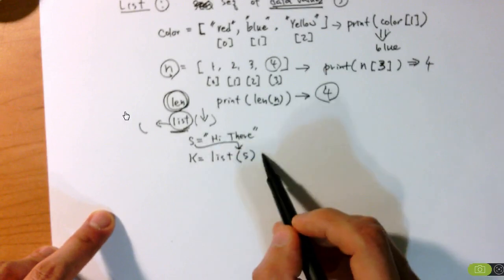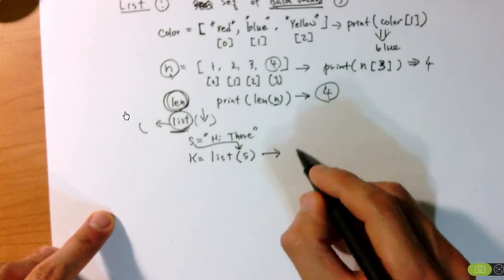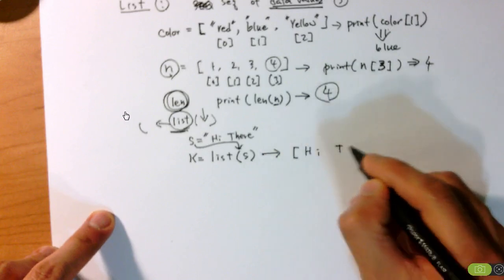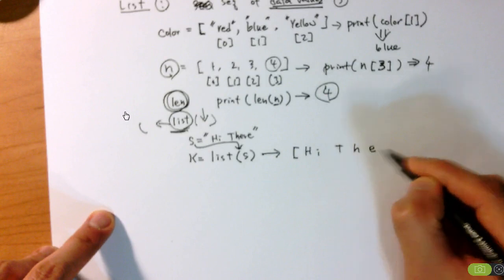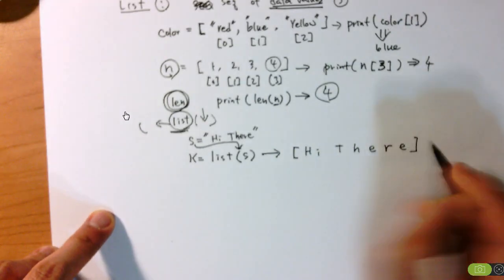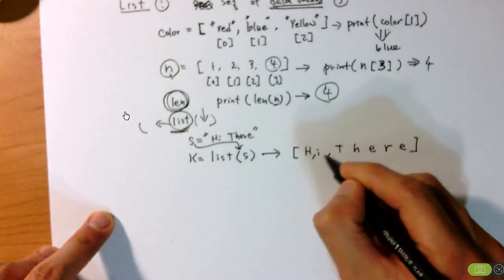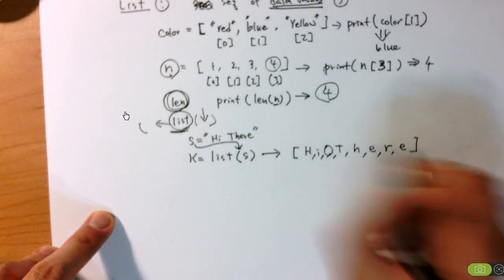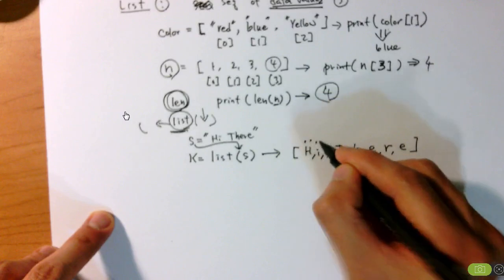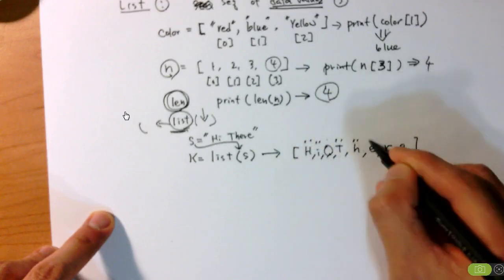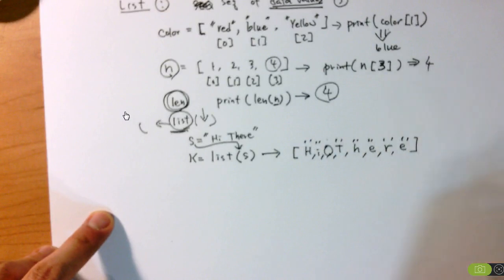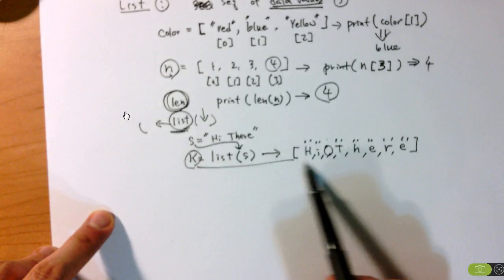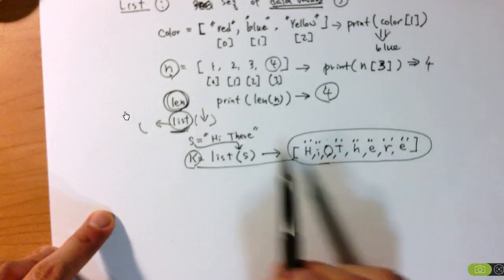So k is going to have h, i, space, t, h, e, r, e, separated by commas, since each one is a character. So k is going to have this list of the string s.